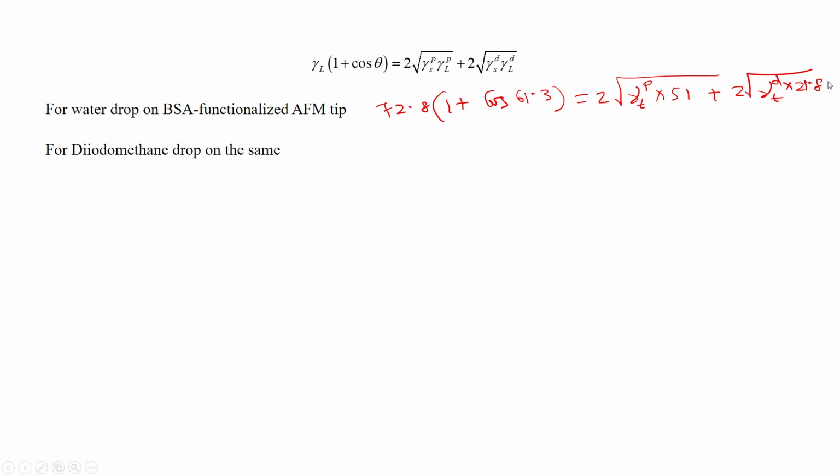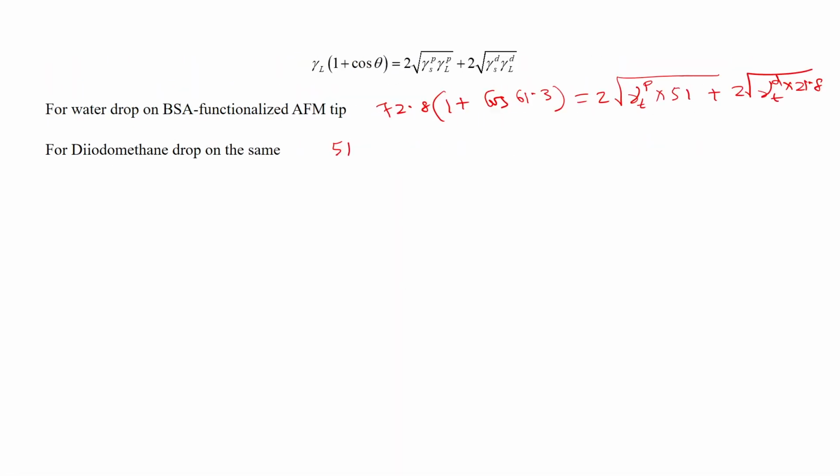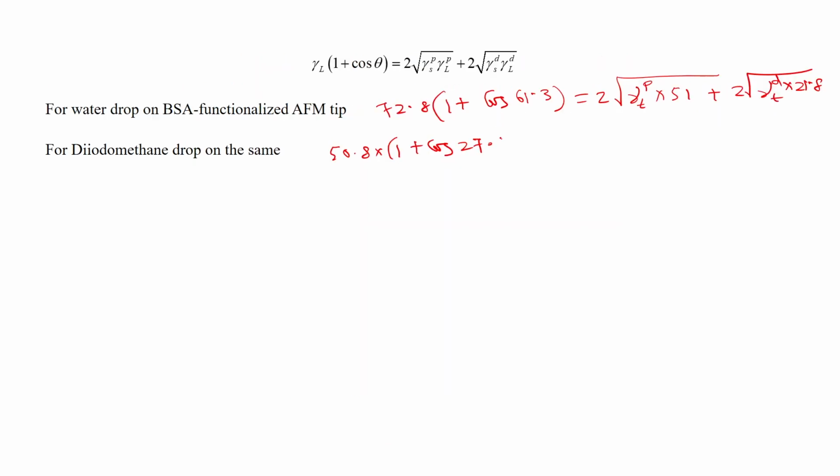Similarly for diiodomethane, this is 50.8, 50.8 into 1 plus cos of the contact angle, 27.1 degree, is equal to 2 into gamma T P into 0 here, plus 2 into 50.8 into gamma T D, like this.